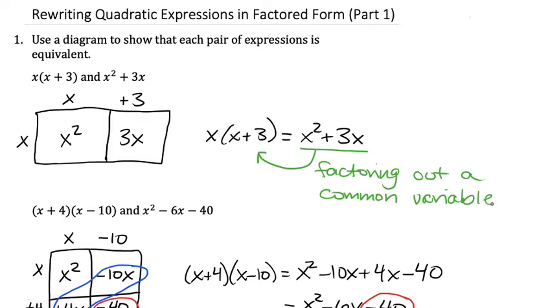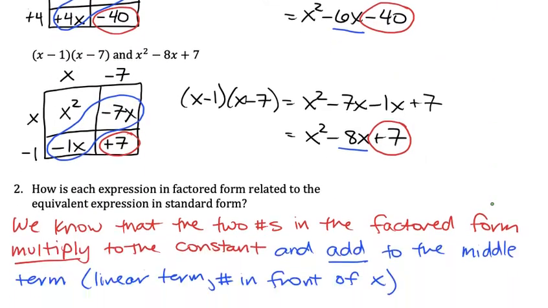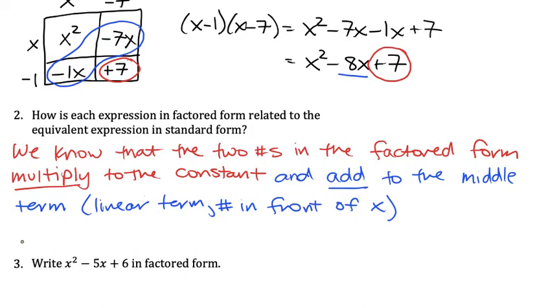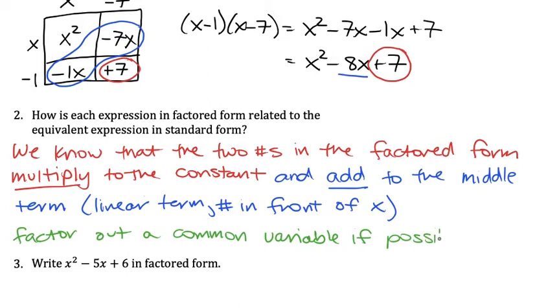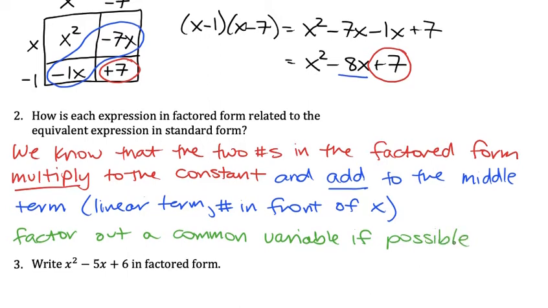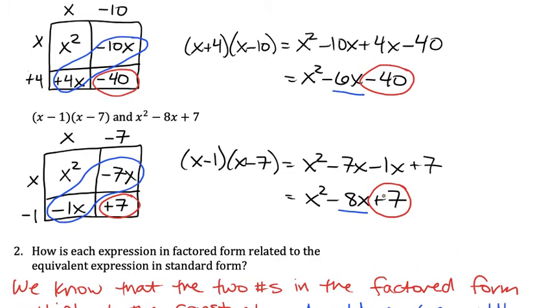So we're factoring out the common variable of x to get it from standard form to factored form. Now the reason that doesn't work with these is because I can't take the x out because this 7 does not have an x. If it was just x squared minus 8x, then I could just take an x out of that. But because the 7 doesn't have an x, I can't factor an x out of all 3 parts.